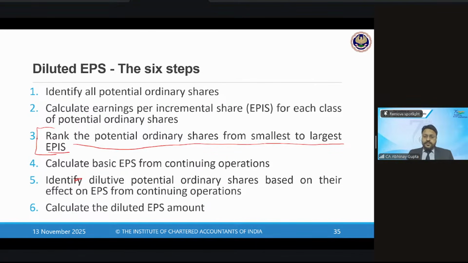Once we are done with the ranking correctly, we will simply compute the basic earning per share and then diluted earning per share. So the remaining steps are relatively easy. The crucial step is this one only. If we do the ranking properly, we will make no mistakes in calculating the diluted earning per share.